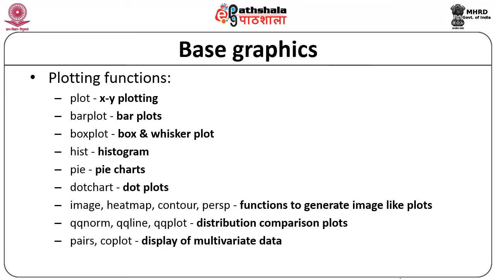Suppose we want to display the frequency of various elements available in a given data, then we may go for a histogram. Histograms can be plotted using the hist function. We can plot pie charts using the pie function, and dot plots using the dot chart function. We also have other functions like image, heat map, contour and perspective functions for generating image like plots.